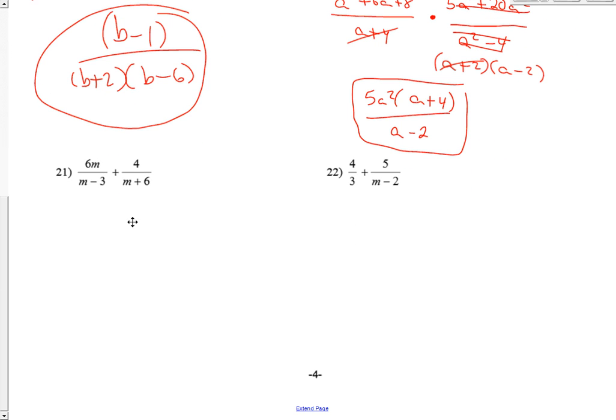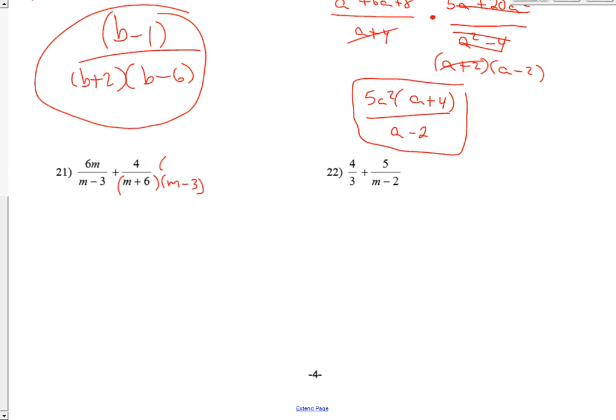For number 21, I'm adding these. I have completely different denominators. I need a common denominator. So the fact that my left side is m minus 3 and my right side is m plus 6, I need to make sure I have both of these included in my denominator. So with the m plus 6, I need to have m minus 3.